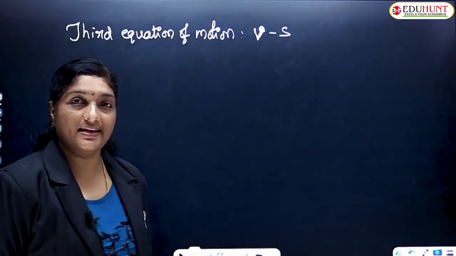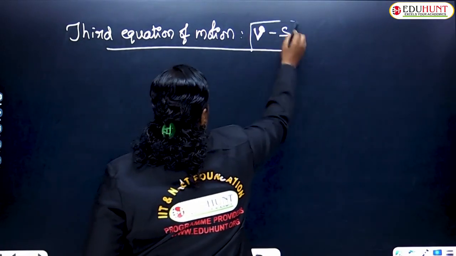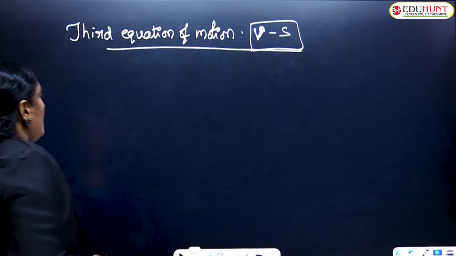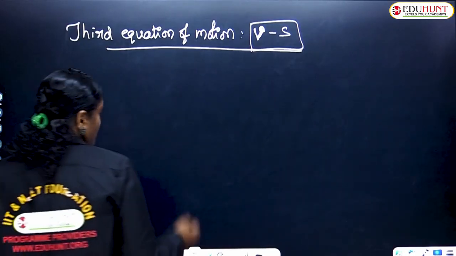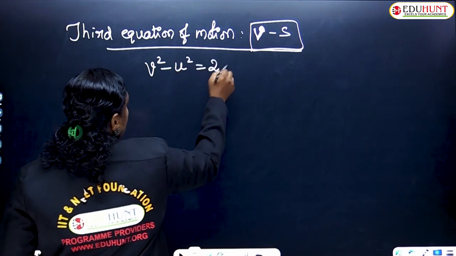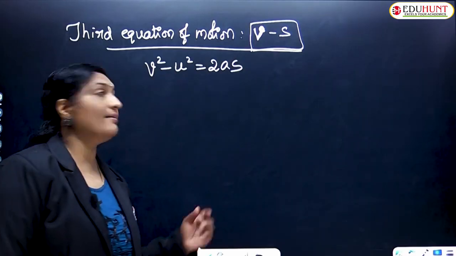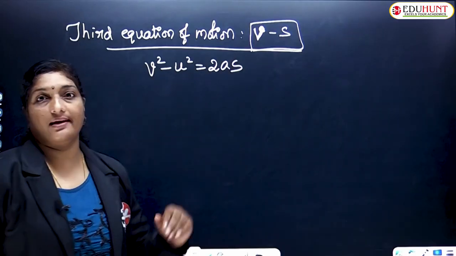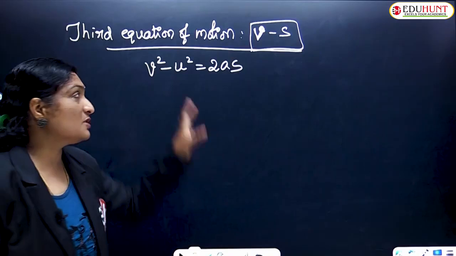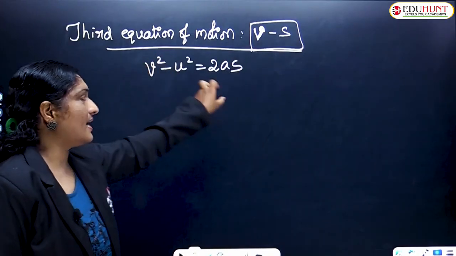Okay, children, the relation is v square minus u square equals 2as, where v is final velocity, u is initial velocity, a is acceleration, and s is displacement. This brings the relation between initial velocity, final velocity, and displacement.